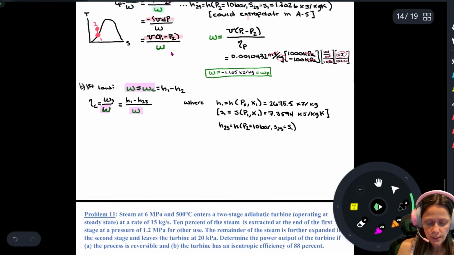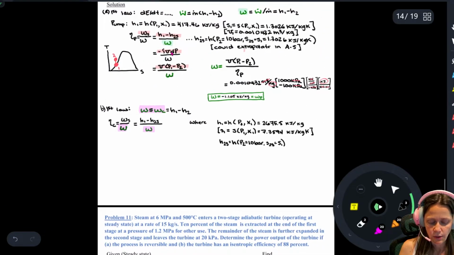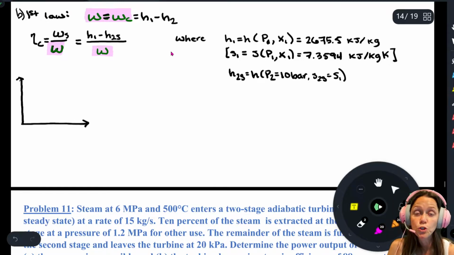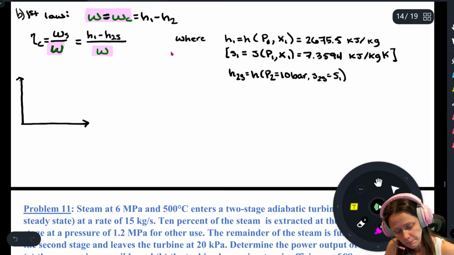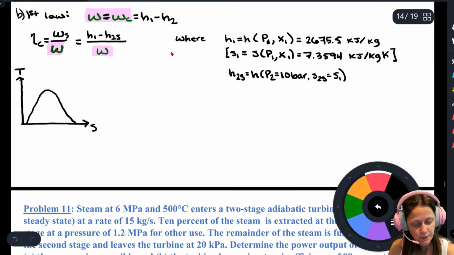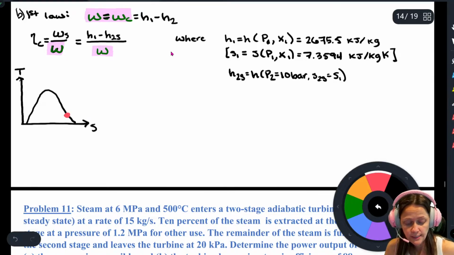Just like I looked at that TS diagram for the pump, I could do a similar thing over here. This is not necessary, and you can definitely figure out what phase you're in just by those two properties, right? But you can also reason out what makes sense. On a TS diagram, state 1 went in as a saturated vapor.